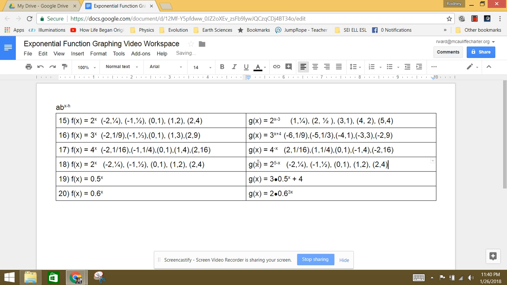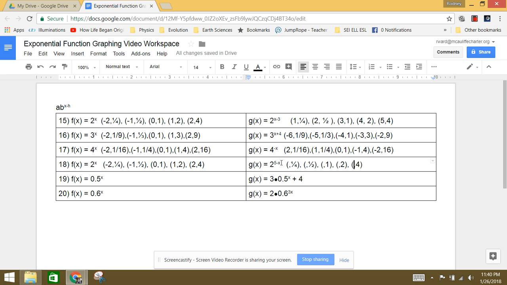What I recommend is copying over those points that you had over here, and then we're going to change our x values. Okay, so what we need to do here is we need to take a look at what x values would get us the same exponent as we had here, because this 5 minus x is the exponent.